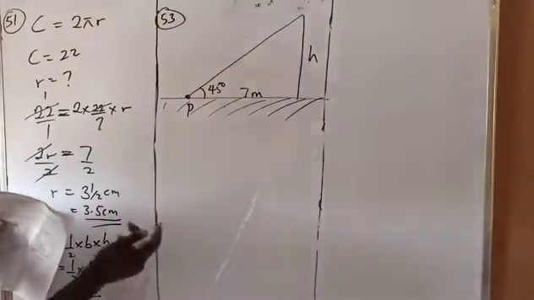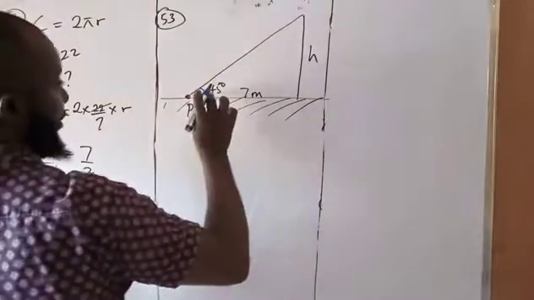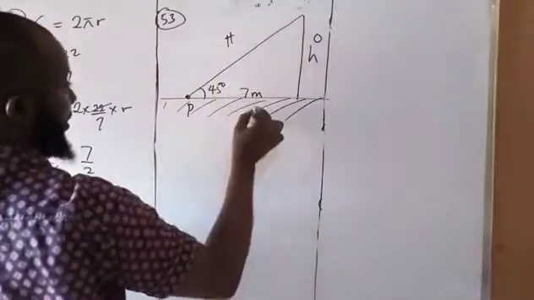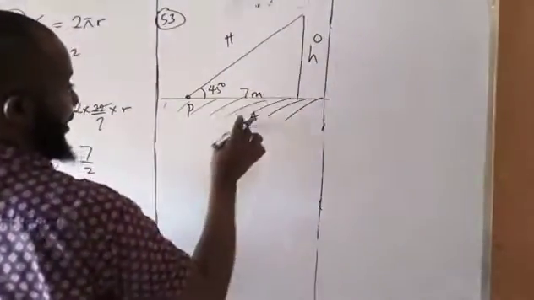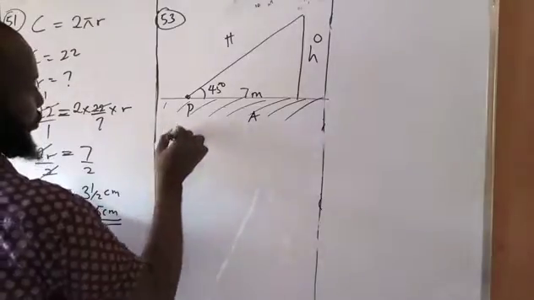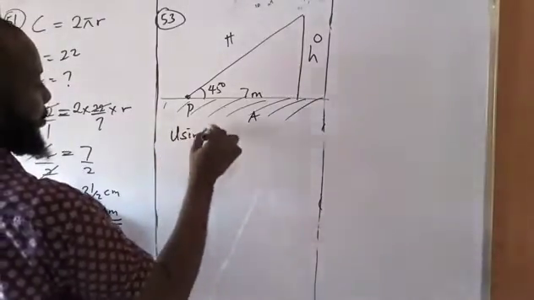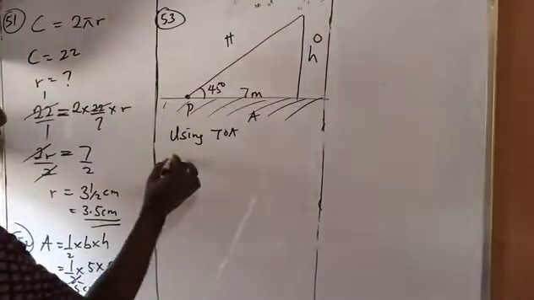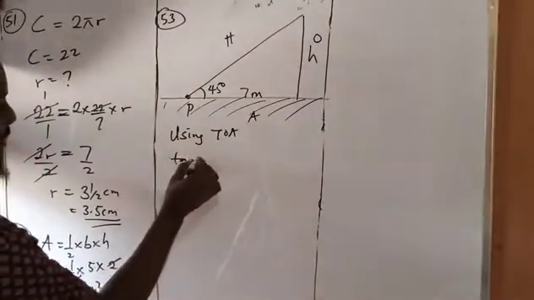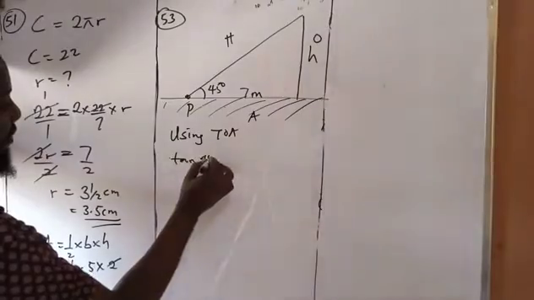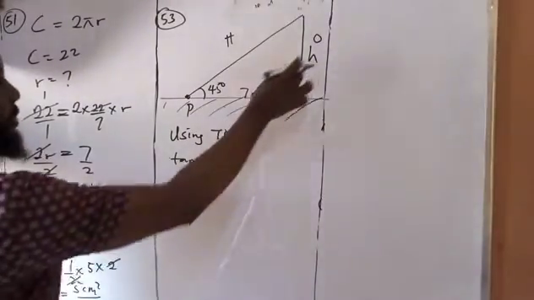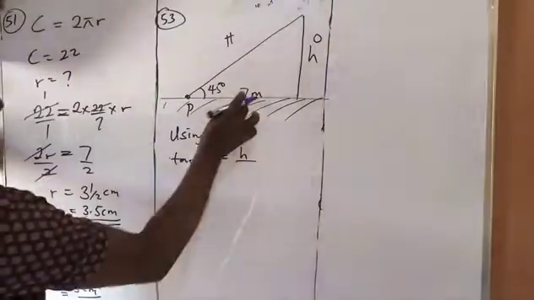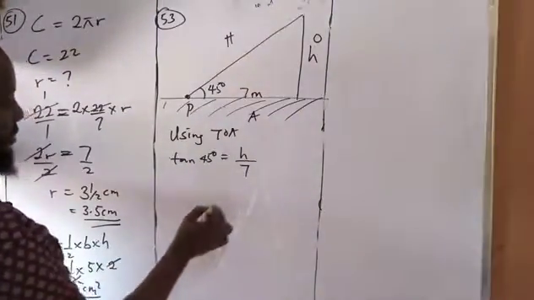So in that case, we use SOHCAHTOA. This is the angle given, so this is the opposite, the hypotenuse, and the adjacent. We're using TOA. So we have tan 45 degrees equals the opposite, which is the h we are looking for, divided by the adjacent, which is 7.